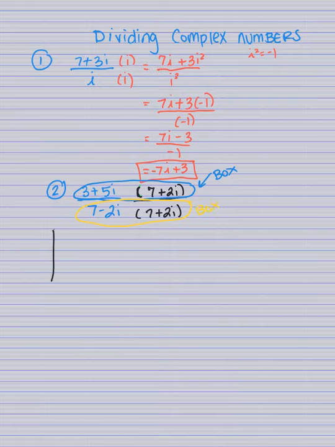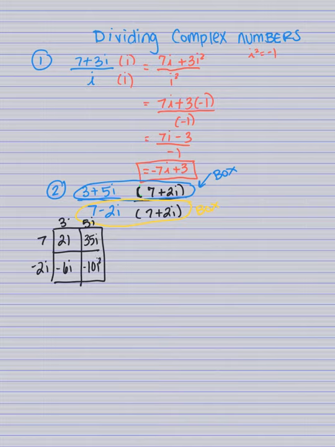So we have 3 plus 5i, and then we have 7 minus 2i. So 3 times 7 is 21, 7 times 5i is 35i, negative 2i times 3 is negative 6i, negative 2i times 5i is negative 10i squared. I'm still doing the numerator, so I'm going to write 21 plus 35i minus 6i minus 10i squared.